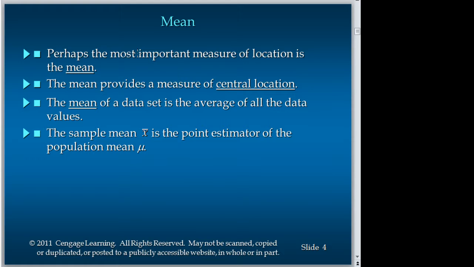That would be X bar, right? So X bar, which is the sample mean, is actually a point estimator of the population mean. You try to estimate the mu using X bar.